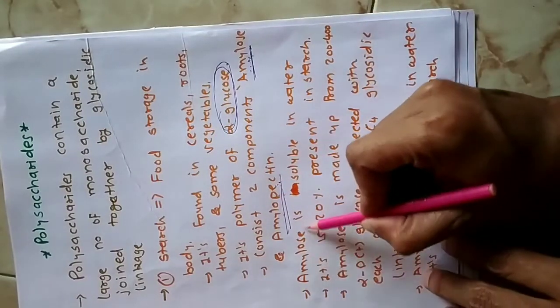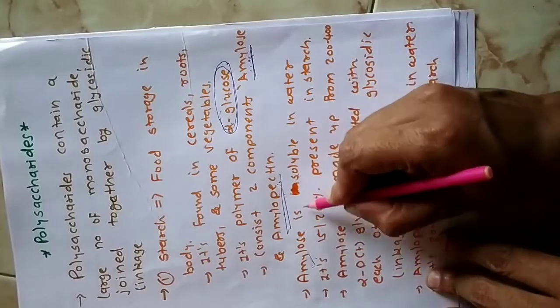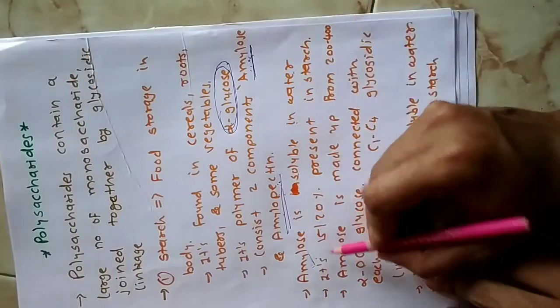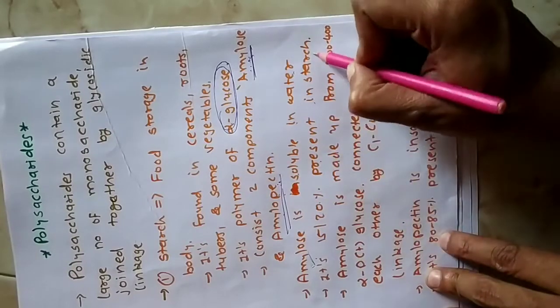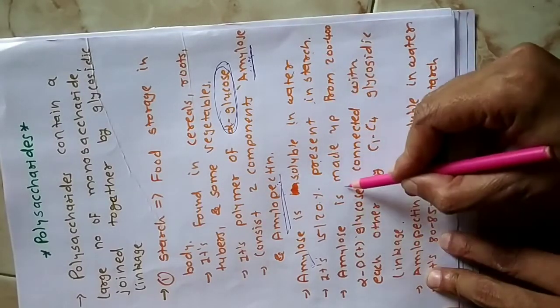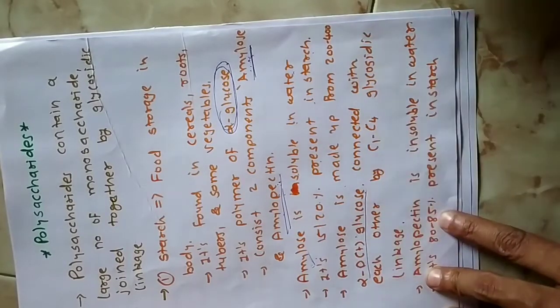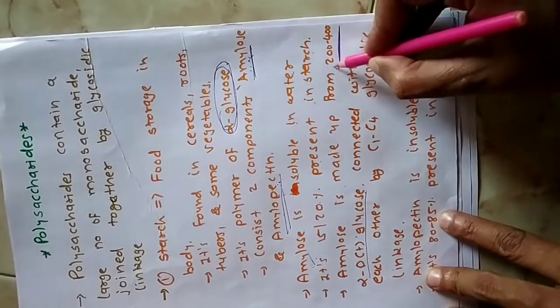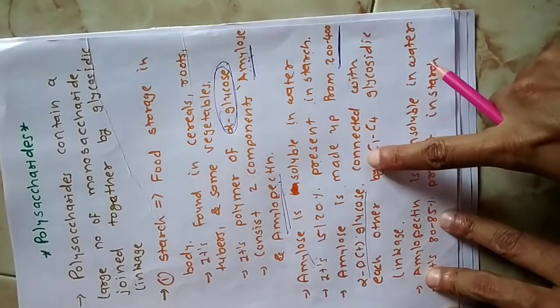So, amylose, the first component, is soluble in water and around 15 to 20% present in starch. Amylose is made up of alpha D plus glucose, and the number is 200 to 2000 units.